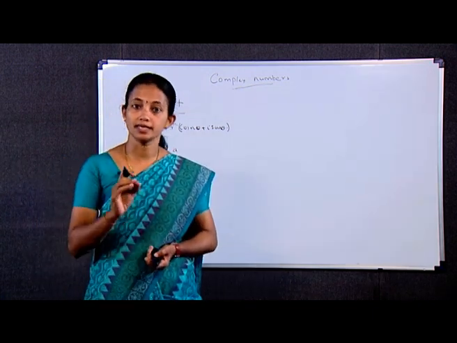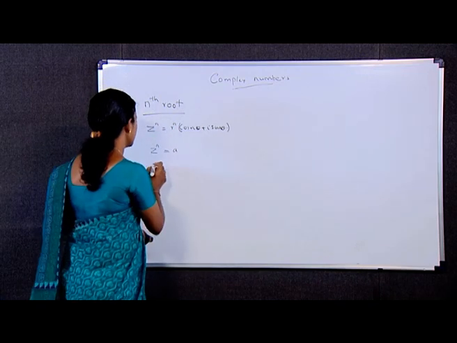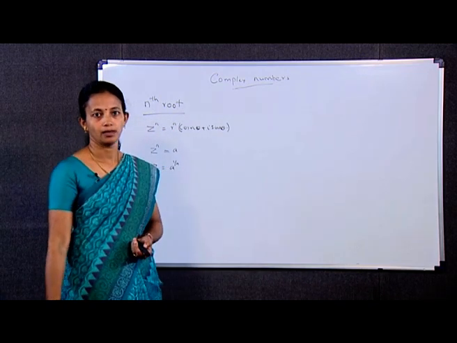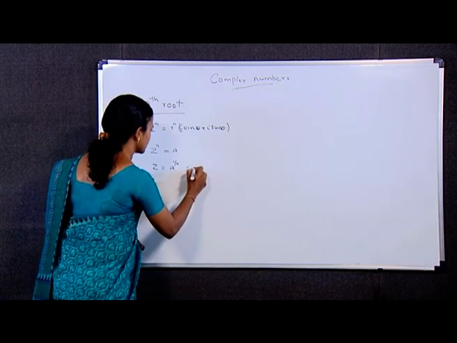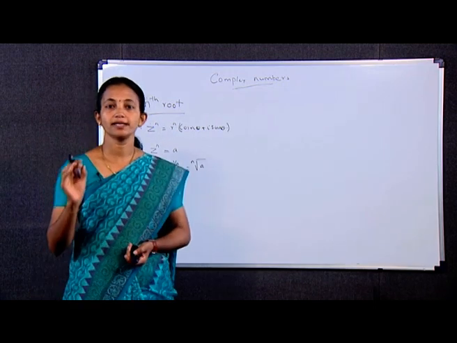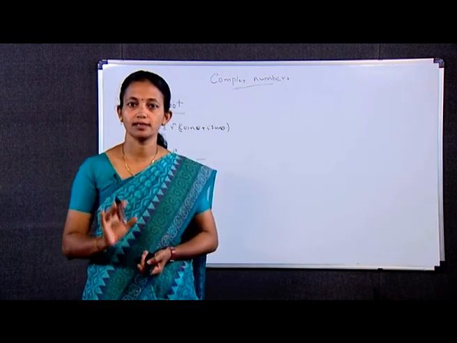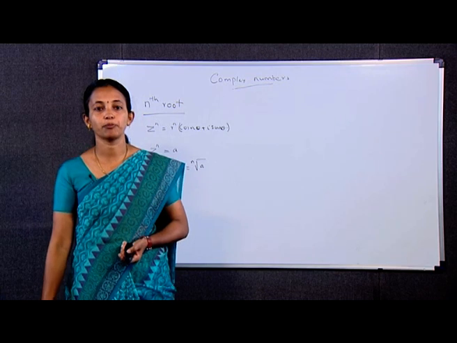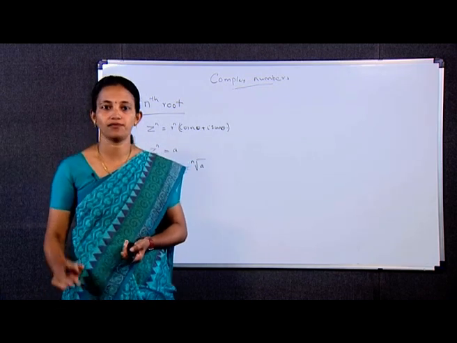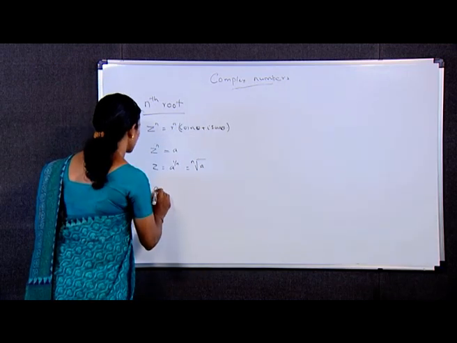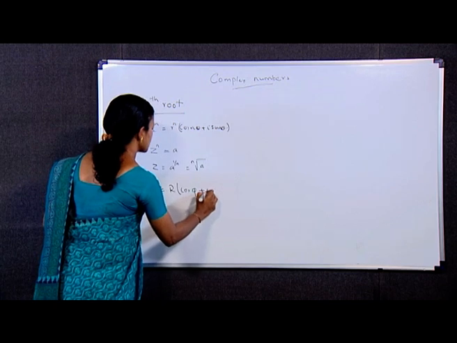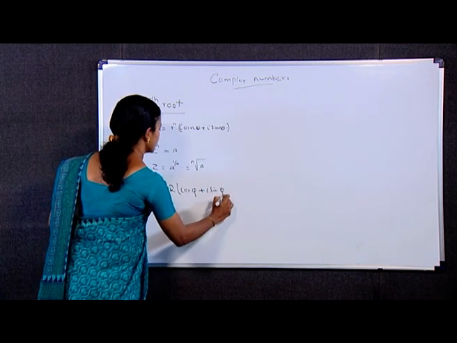We can write z is equal to a raised to 1 by n, or write this as the nth root of a. To find nth roots, we write the complex number a in polar form: a is equal to R (cos phi plus i sin phi).